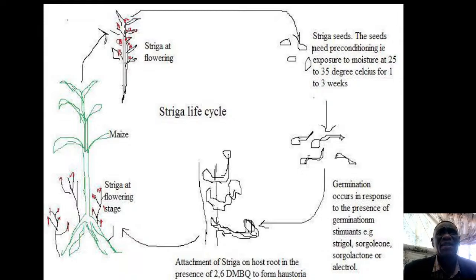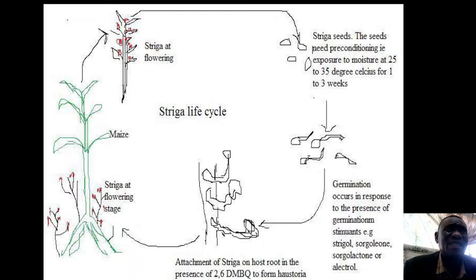Or you can actually breed crops which do not produce these stimulants. This will cause, I mean, you are not going to allow the germination process.